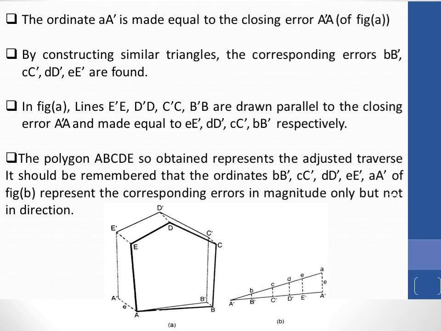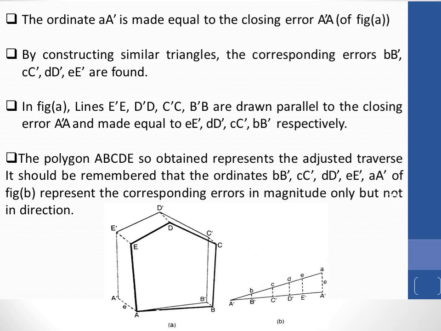Okay. So by constructing these similar triangles, the corresponding errors small b capital B dash, small c capital C dash, small d capital D dash, small e capital E dash are found. So you got the error that has to be distributed for each line.